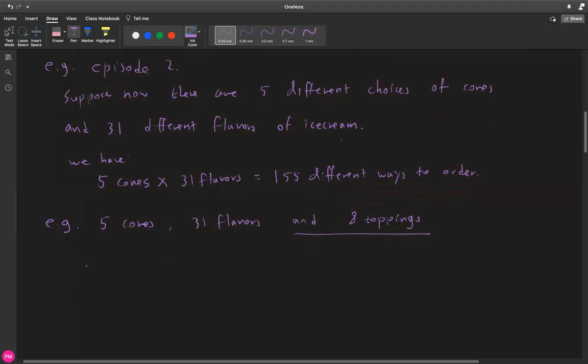It's actually quite simple. It should actually be the same way. So by multiplication rule, we have 5 multiplied by 31 multiplied by 8, and that should be 1,240 different ways to order.